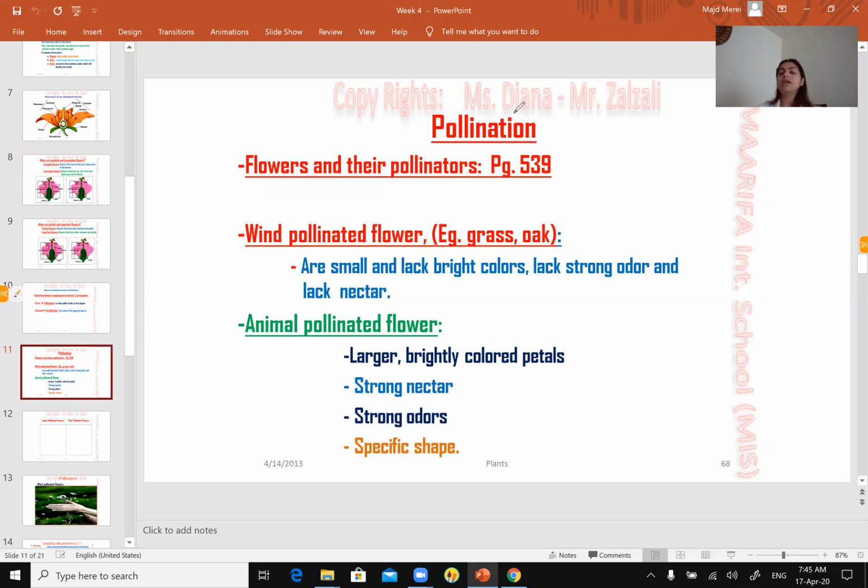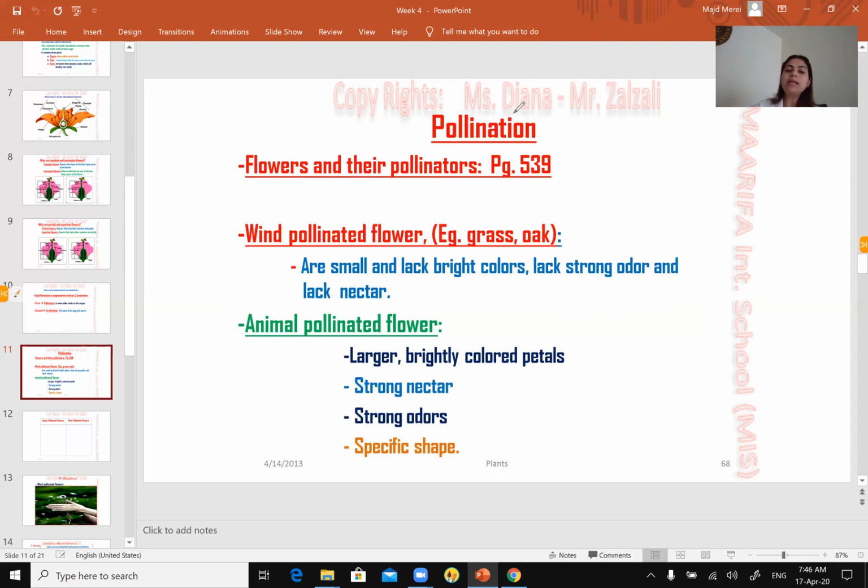Wind-pollinated flowers have different characteristics, such as what? First of all, they are small, to be carried through the wind. If they are large, they will be heavy, so they cannot be carried. Usually they are small, so they will not attract animals or insects. They lack bright colors, they lack strong odors, they lack nectar.